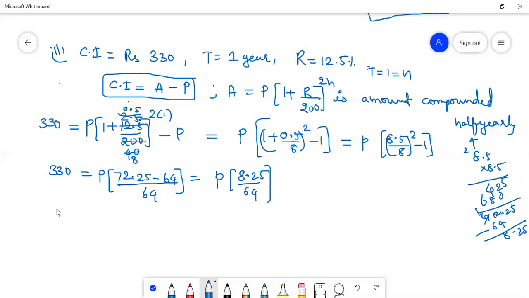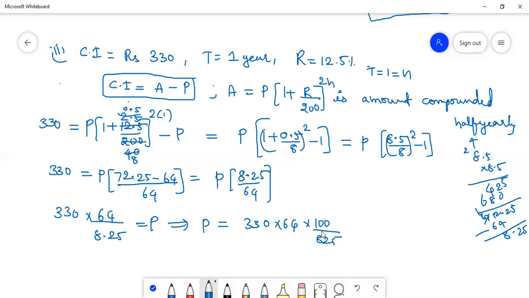Taking the cross multiplication, 330 into 64 by 8.25 is equal to P. From this, P is equal to 330 into 64 into 100 by 825. 5 twos are 10, 5 twenties are 100, 5 ones are 5, 5 sixes are 30, 5 fives are 25, 5 fours are 20, 5 threes are 15, 33 ones are 33, tens.